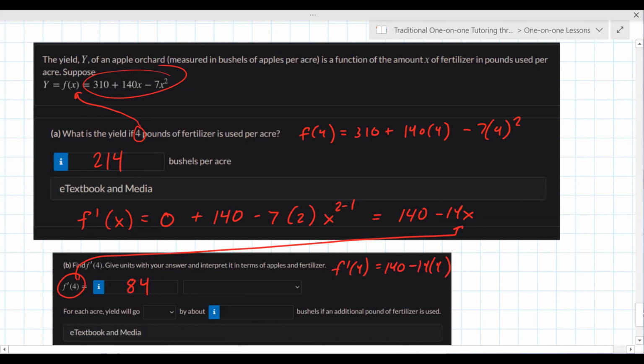In terms of apples and fertilizer, the units of y are bushels of apples per acre, and fertilizer is in pounds per acre. So it's going to be something like bushels per pound. Is that an option? Bushels per acre per pound of fertilizer. There's bushels per acre, then pounds of fertilizer per acre, and then pounds of fertilizer per bushel.